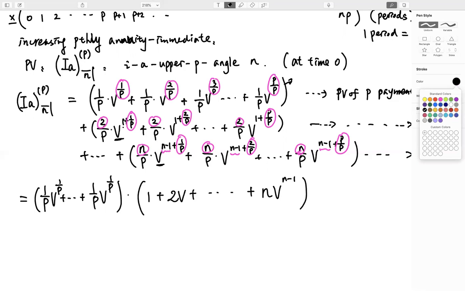Okay, with that in mind, we can start to identify what we have. So this guy becomes, what is this? If you can't see, let's factor out 1 over p.